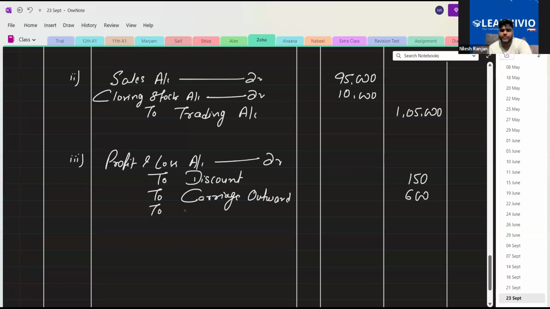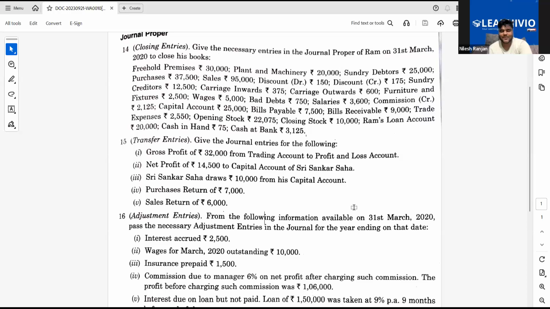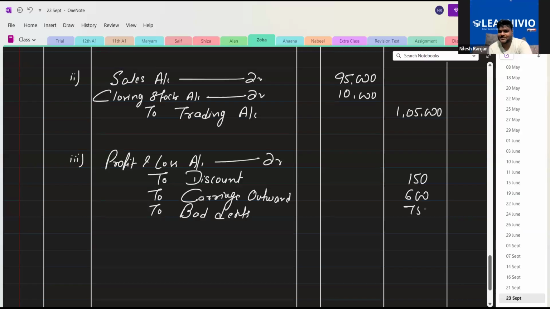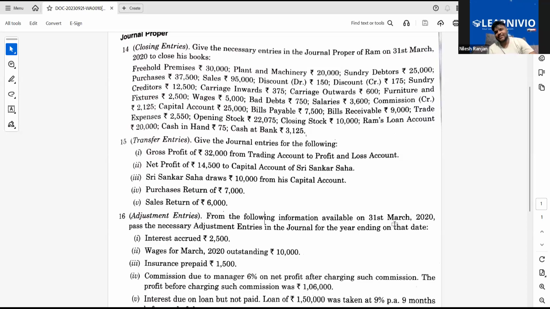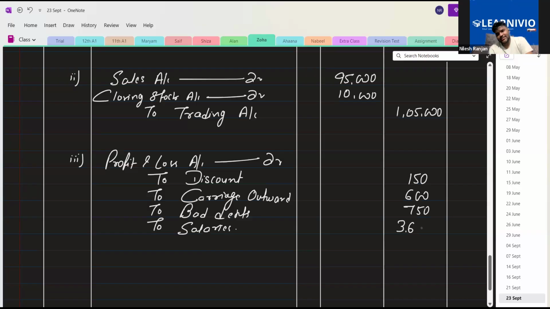You don't have any question why it goes to trading account and profit and loss? Then why does it go to trading account and profit and loss? Okay. The carriage inward is related to purchase.